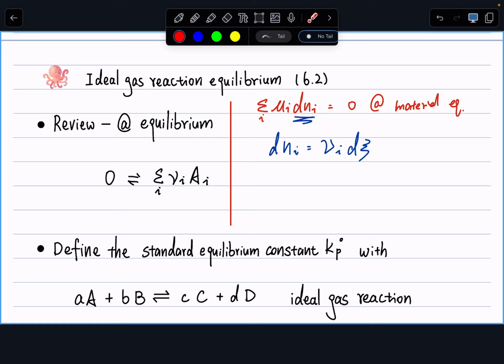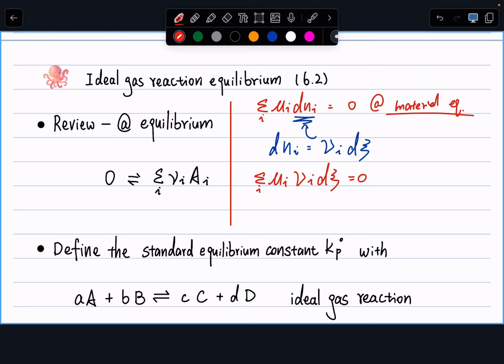A negative number means a backward reaction. So plugging this number into my dn_i, our original condition of material equilibrium becomes mu i times stoichiometric coefficient times d xi, the extent of reaction, equals 0. And remember, this is at material equilibrium.